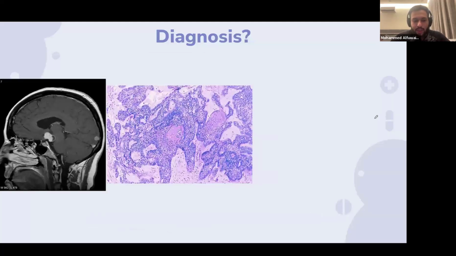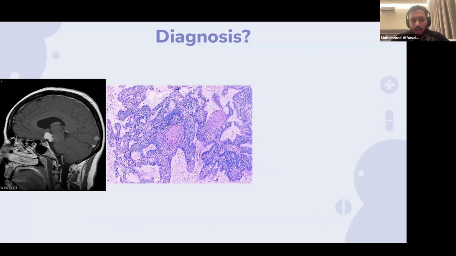Now you have, let's just say, a child who presents to you with a headache, who's telling you my head has been hurting, I haven't been able to concentrate at school or preschool or whatever. And you see this mass. What do they have? Craniopharyngioma.